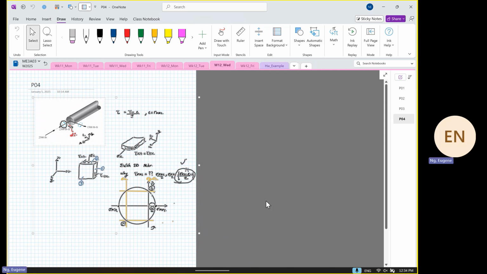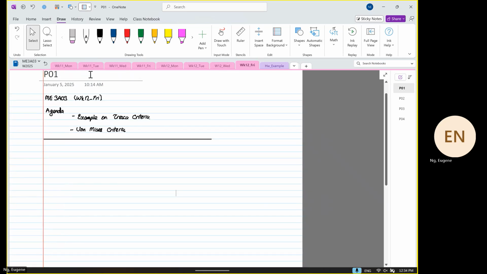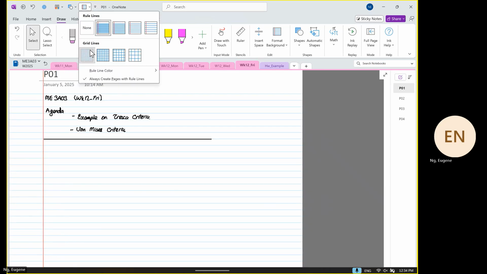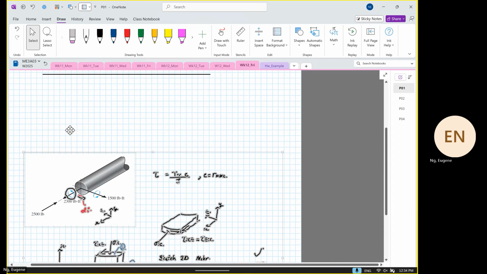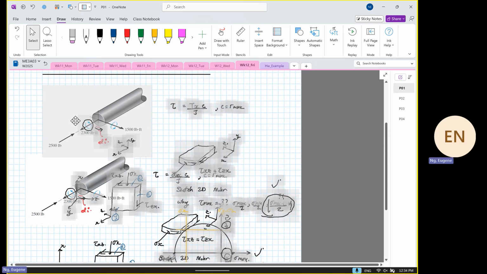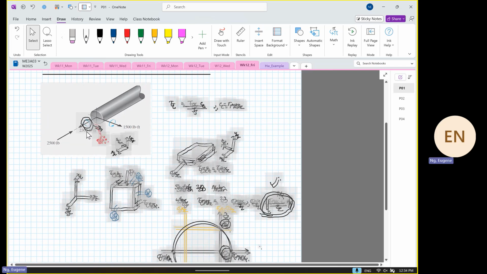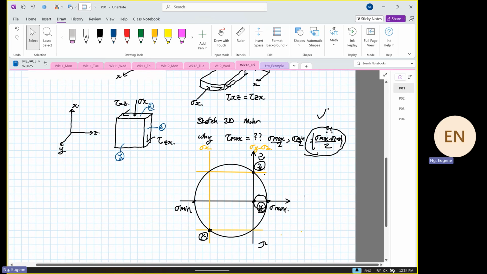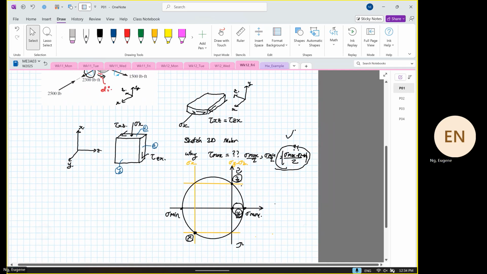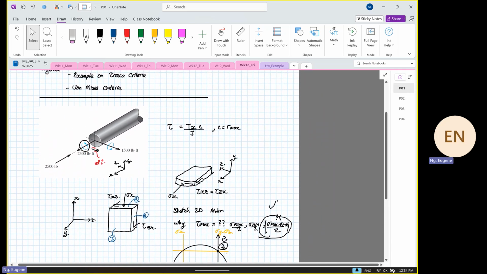I'm going to copy and paste where we left off. So on this problem, we have discovered the element that is the most critical, and we dealt with element I, okay? So element I is down there.